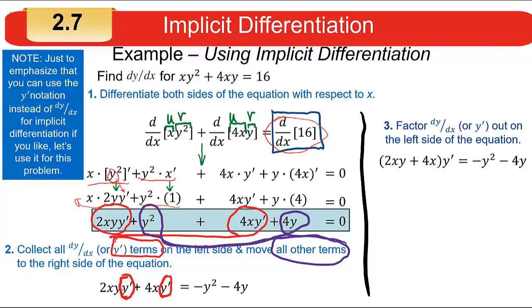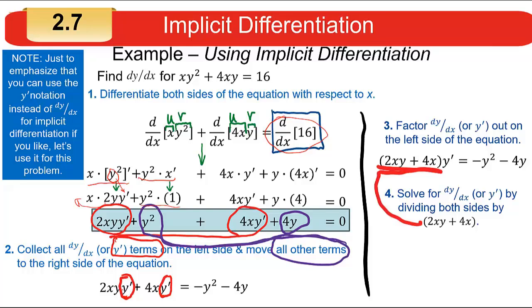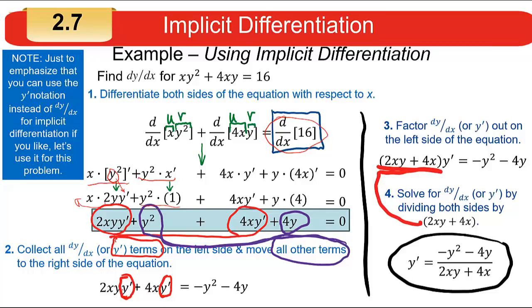Not doing anything on the right. And the last step is to divide both sides by the factor multiplied by y prime, which is 2xy plus 4x. Dividing both sides by that, you get the final answer.